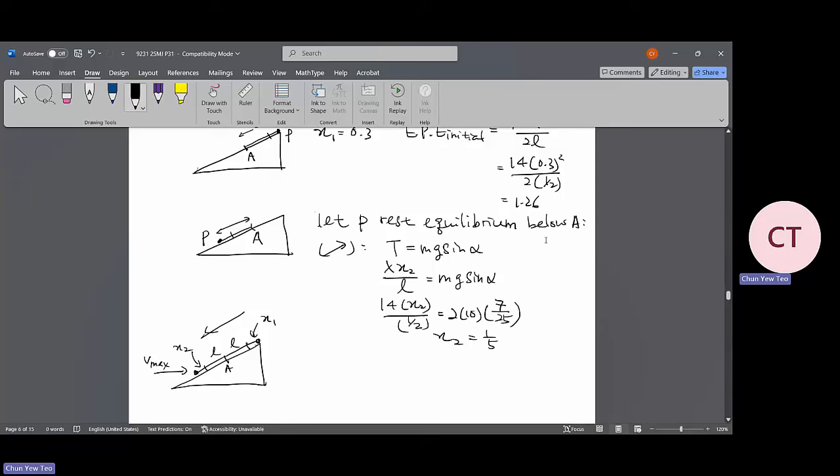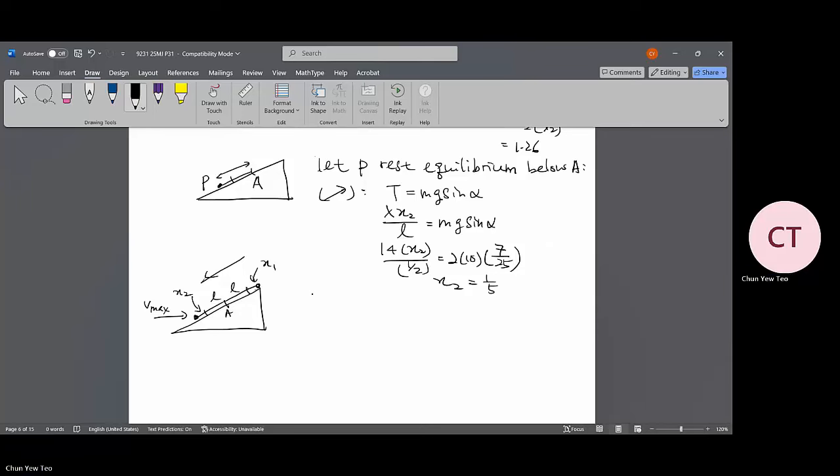So we need to use conservation of energy. By the conservation of energy, we have the GPE loss. I haven't found the EPE final yet. I need to find the EPE final.